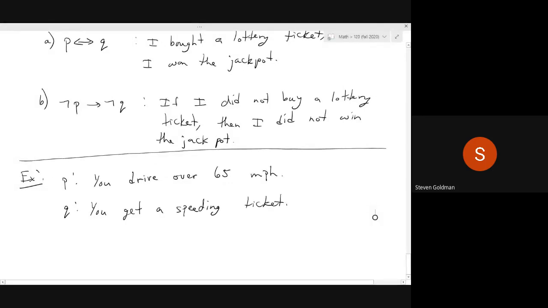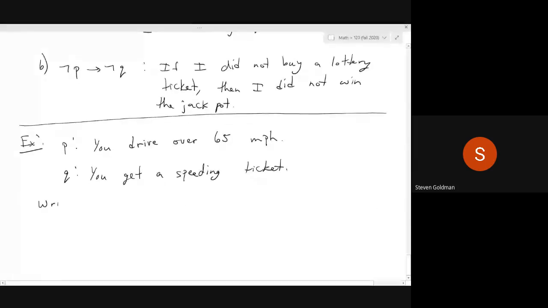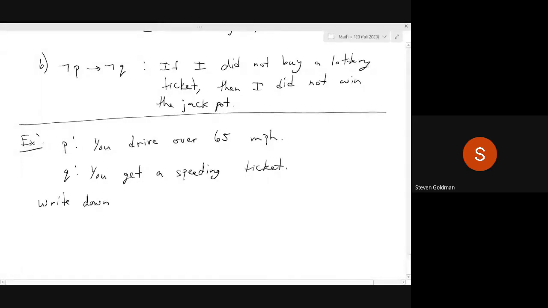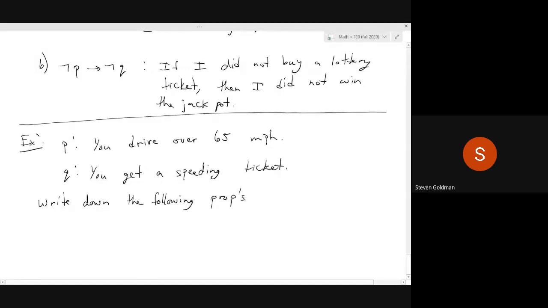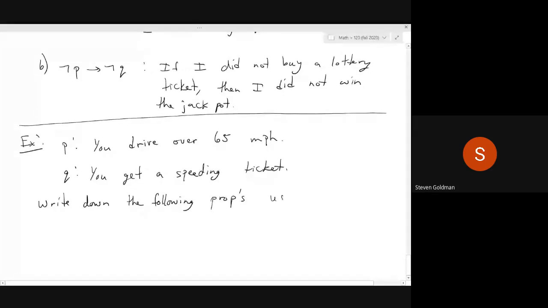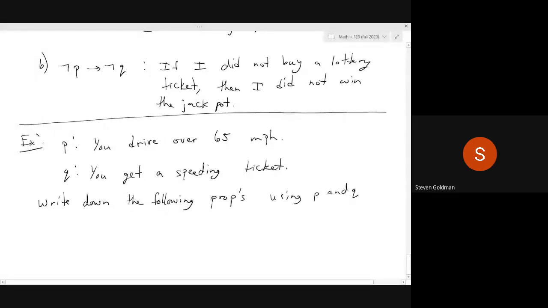For this example, we're going to write down the following propositions using P and Q and logical connectives.